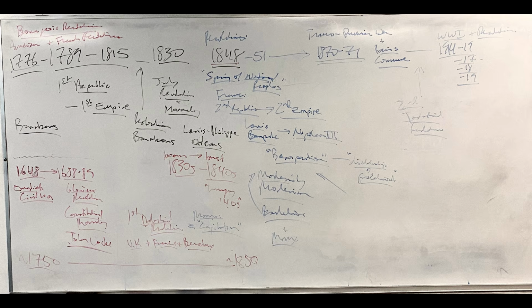Marx writes a book that Benjamin cites, The 18th Brumaire of Louis Bonaparte, in 1852, and he famously says history repeats itself according to Hegel, but the first time it's a tragedy and the second time it's a farce. What that means is the first time it's a tragedy, the second time it's a comedy.